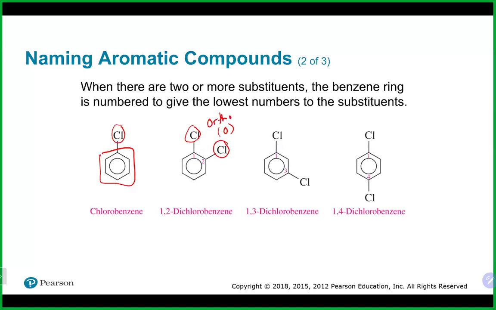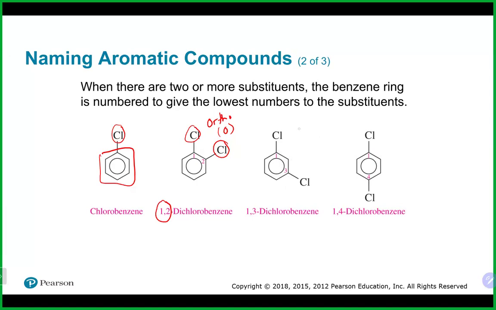And again, if you see something like ortho or O, it represents that you have groups at carbons number 1 and number 2 on the benzene ring. And that's specifically used for benzene rings that have a couple of things attached to it, that sort of ortho arrangement.